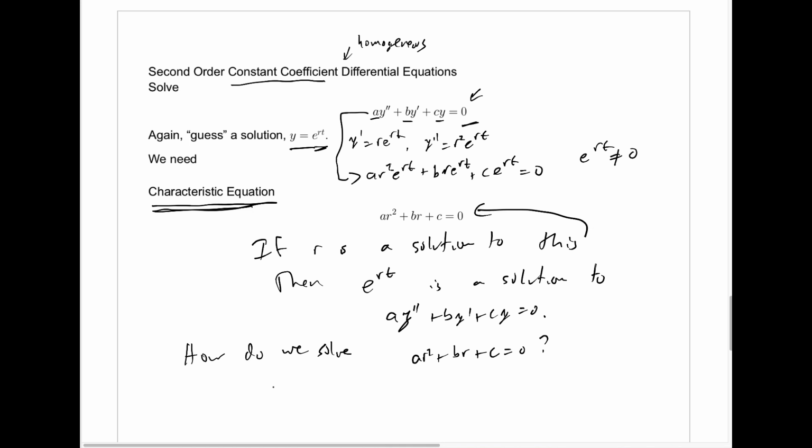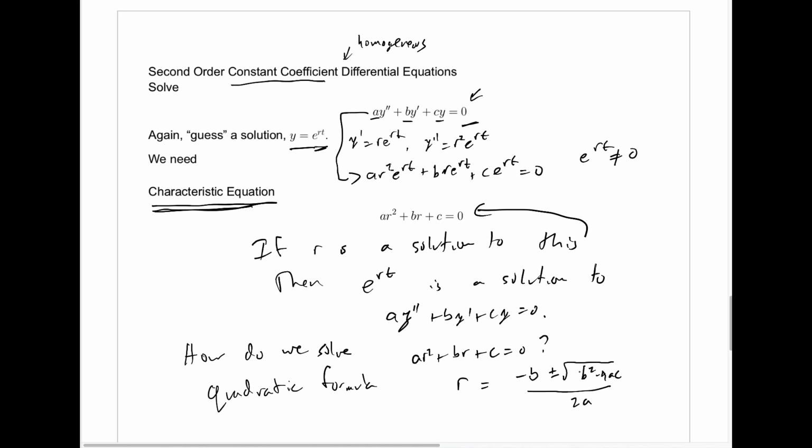You can solve that with the quadratic formula, which says that the solution r is equal to minus b, this coefficient b here, plus or minus the square root of b squared minus 4ac all over 2a. So we have the plus and the minus. That means if we just use the plus here, we'll get one solution. If we use the minus, we'll get another solution.